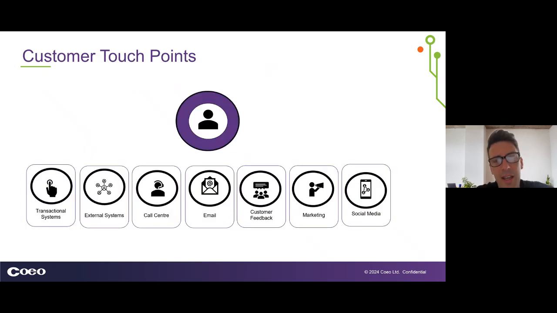But if we take a look at our customer in terms of how they interact with us, and this is a customer or a potential customer, but we'll start with a customer for now. They transact, whether that's in store or online. We've got transactional systems that capture the products they purchase, when they purchase, and how they purchase.